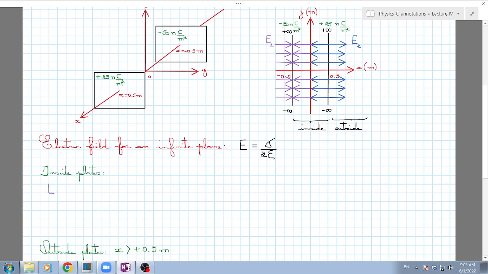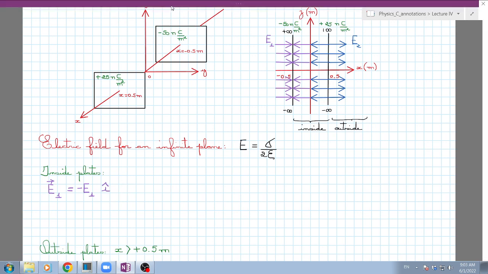According to my reference frame here, the electric field is going to be minus the magnitude of the field, in the negative i hat direction.